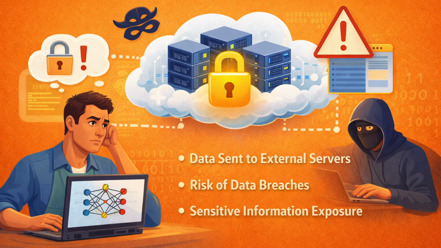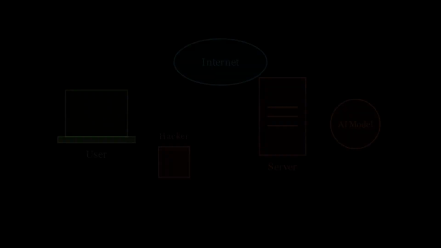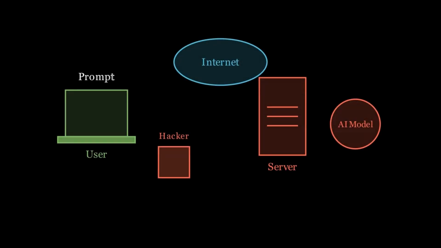Okay, now let's talk about privacy. I think this is the single biggest reason more people are moving towards local AI, and it doesn't get nearly enough attention. When you use a cloud-based AI tool, your prompts go through someone else's server, and yes, most reputable companies have privacy policies. But there is a catch.